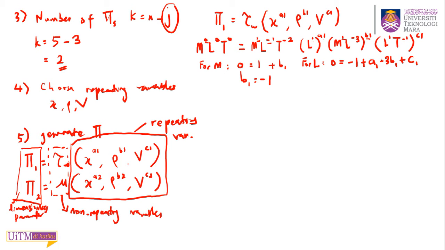Okay, so we have two unknowns, so we cannot solve it yet, but we know B1 is minus 1, so we need to find C. So we do T first before we solve for L.